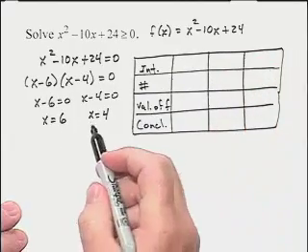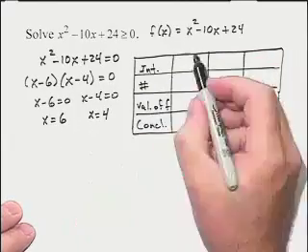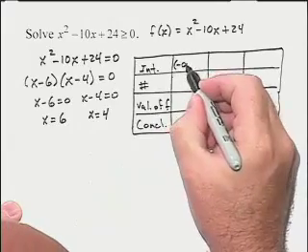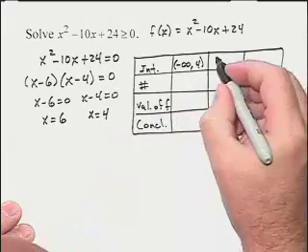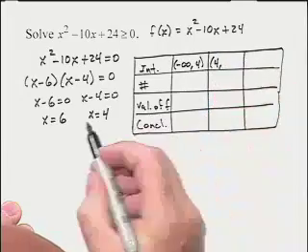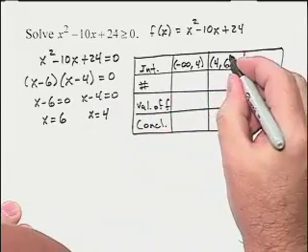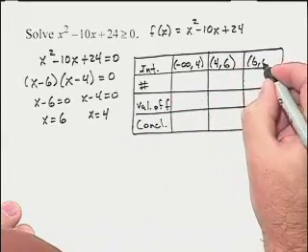We're using the two zeros to break up the real number line. Our first interval will be negative infinity to the first 0, which is 4. The next interval will be from 4 to the next 0, which is 6. And then we'll go from 6 to infinity.